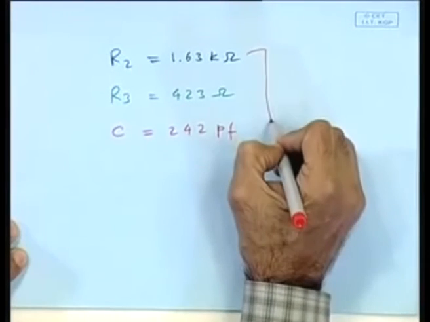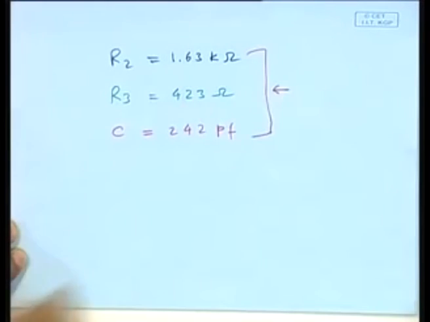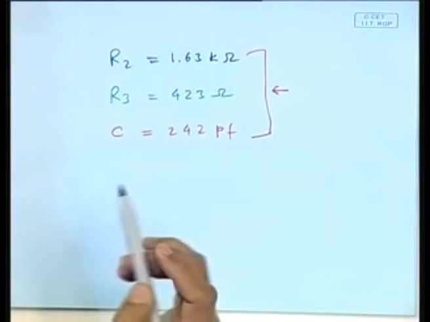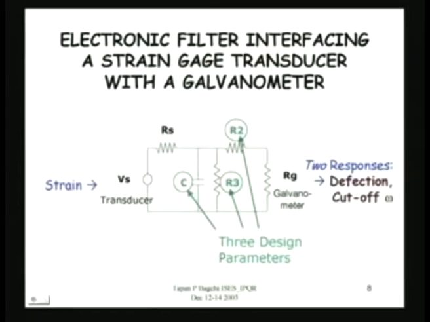Now these are the specs for the components of the electronic filter, and you see the electronic filter on the screen here. I've got R2, R3, and C. These are the three design components, the three design parameters that I can play with. By playing with these, I can come up with any target cutoff frequency.